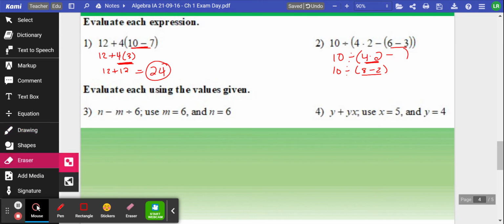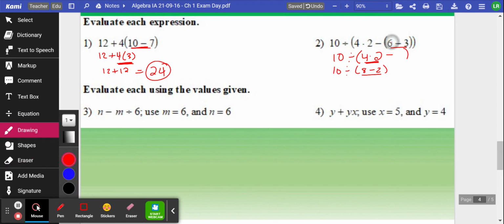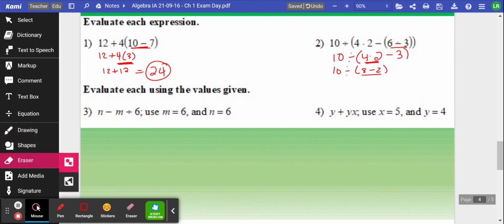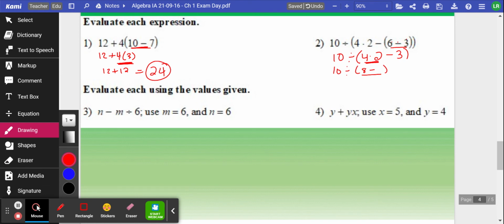My brain was elsewhere. Okay. And I'm at 6 minus 3 is 3. I have no idea why I put 2 there. I apologize. But I make mistakes too. So let's go ahead and fix this here. So I have 8 minus 3. Now I'm doing my subtraction. 8 minus 3 is 5. And then finally, 10 divided by 5 is 2.